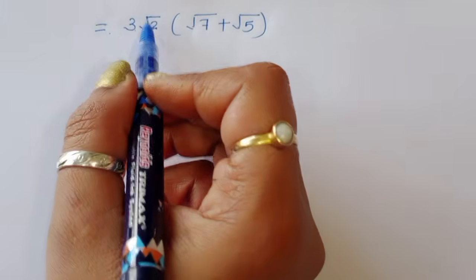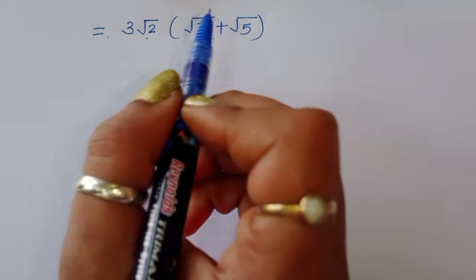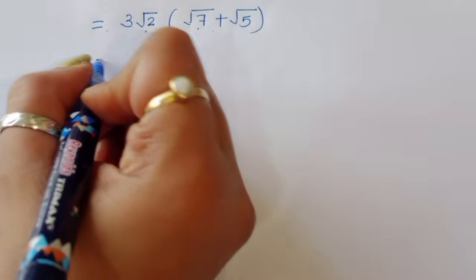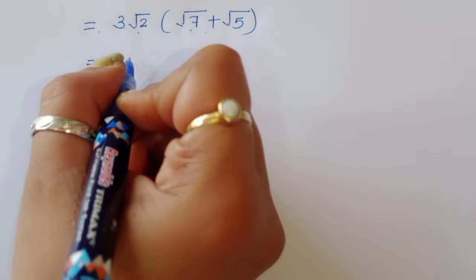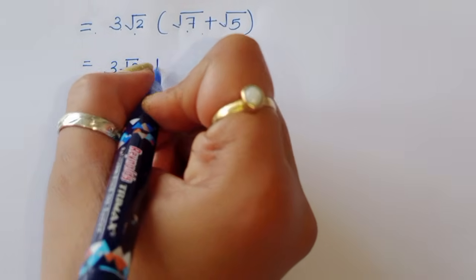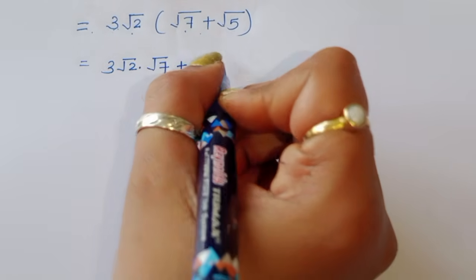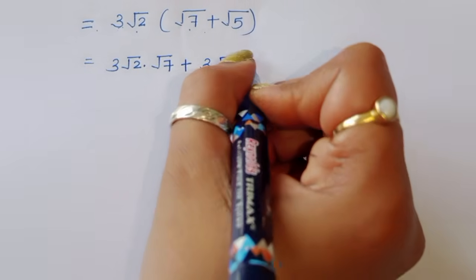We multiply this term with this and this: 3 square root of 2 times square root of 7 plus 3 square root of 2 times square root of 5.